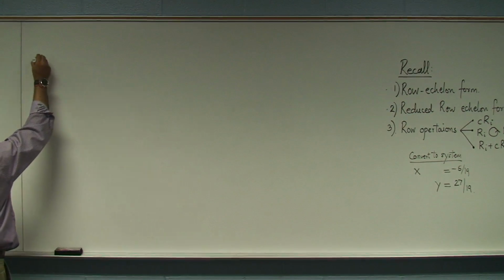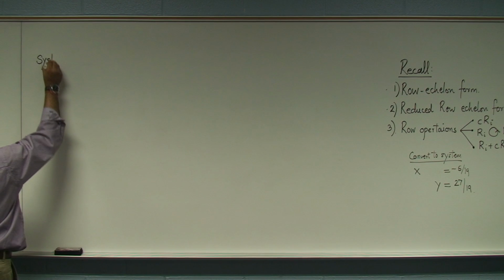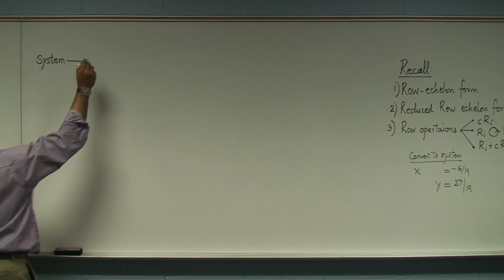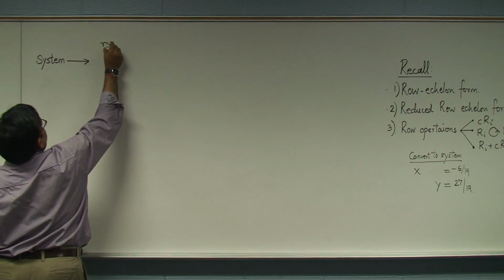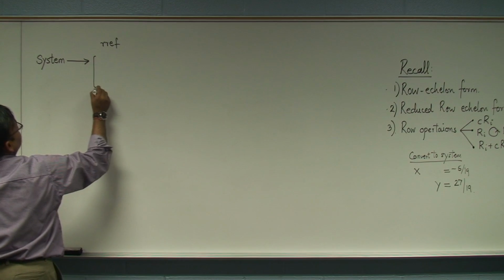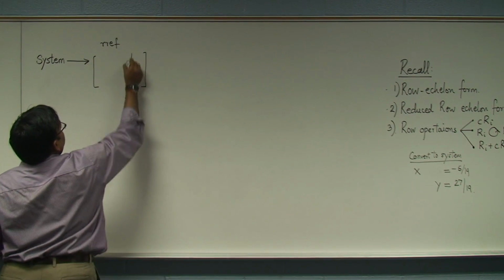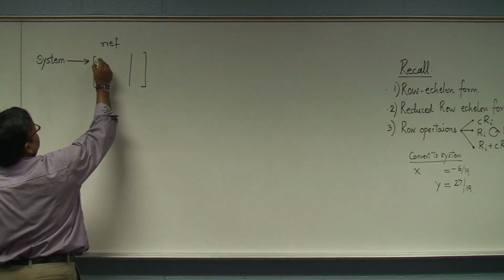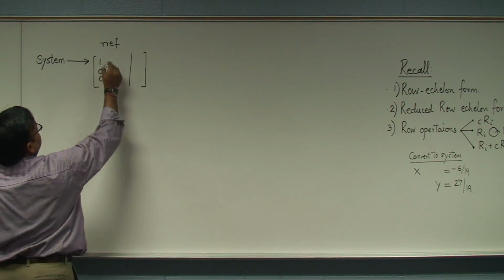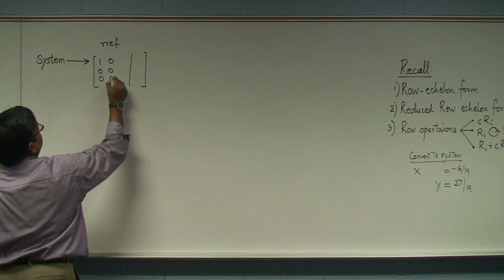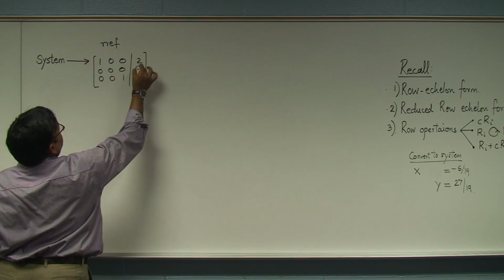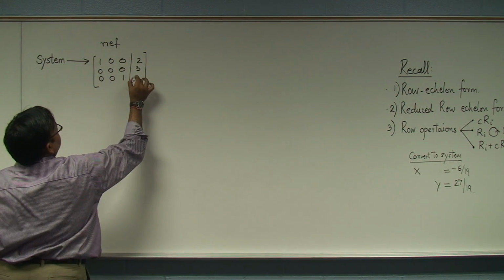Suppose I had a system of equations. I start with some system, and let us say I got its row reduced echelon form, which looked like this. So I started with some augmented matrix, and this is what it looked like. Say 1, 0, 0, 0, 0, 0, 0, 0, 0, 1, 2, 3, 1.